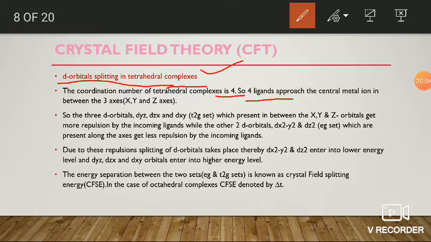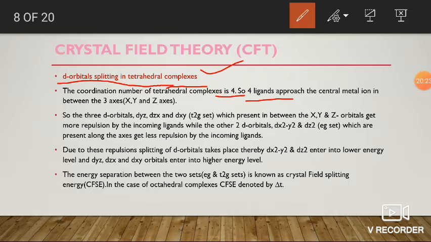In the case of an octahedral complex, the 6 ligands approach along the 3 axes, but in the case of a tetrahedral complex, all 4 ligands approach in between the axes.